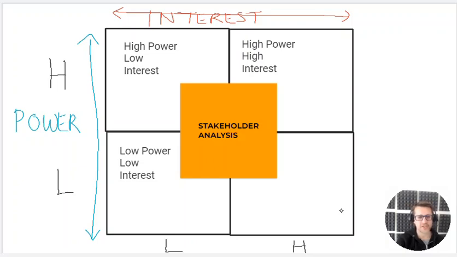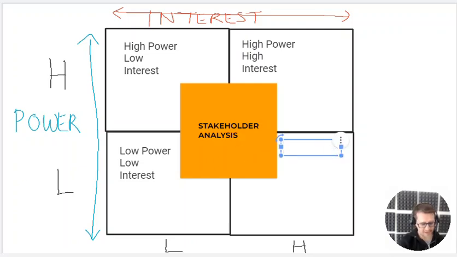Okay, so this could be someone, for example, who is a temporary teacher at the school. Okay, maybe they've only got a 6-month contract. They've got low power, and low interest, because actually they don't take an active role. They just want to get their paycheck at the end of the month.